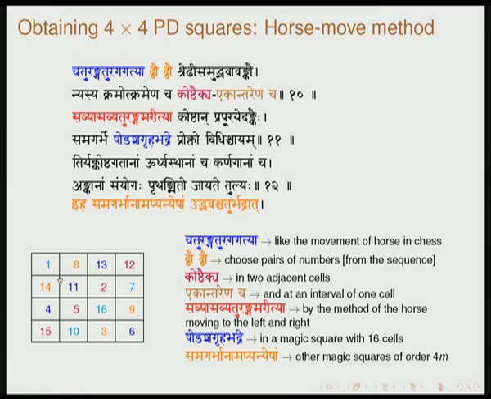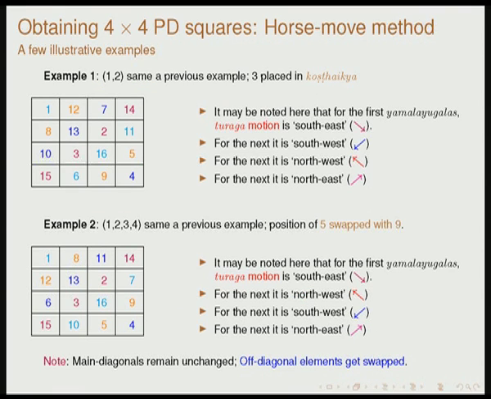In the previous examples you might have noted that the Yamala Yugalas were placed in a circular and anti-clockwise, anti-circular manner. 1, 2, 3, 4, 5, 6, 7, 8, and so on and so forth. But in the couple of examples that I am going to show you now, instead of having these Yamala Yugalas placed in clockwise and anti-clockwise mode, we will have them placed diagonally itself.